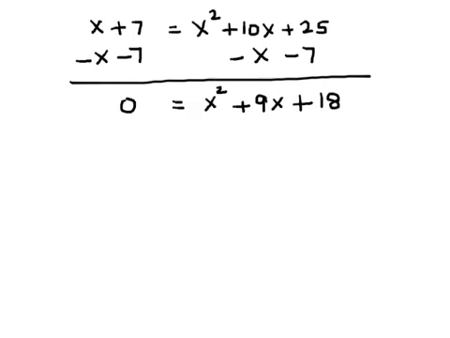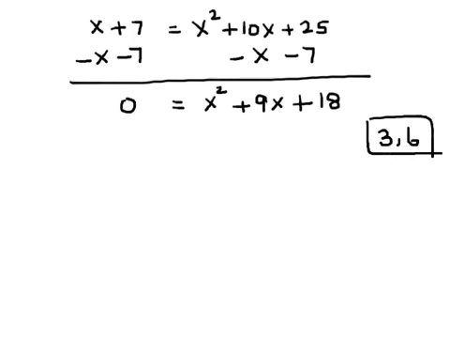Using the factoring strategy, we look for two numbers that will multiply to give the constant term c, which is 18, and add up to give the coefficient of x, b, which is 9. By trial and error factoring of 18, we find that 3 and 6 are the two numbers that will multiply and give 18 and add up to give you 9.